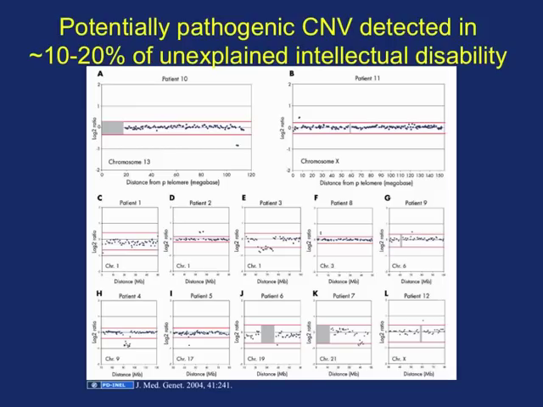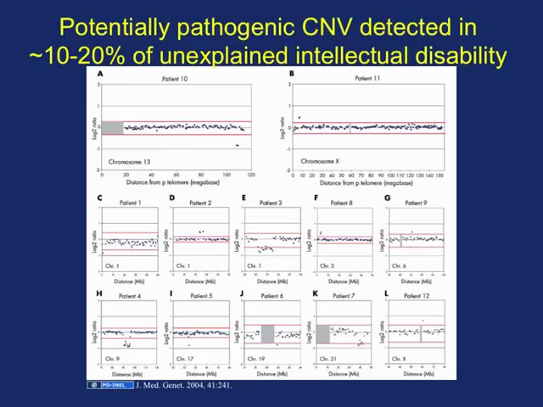And it turns out, if you take kids who come into the pediatric genetics clinic with some kind of profound intellectual disability that's unexplained by any other diagnosis, you will find a major copy number variation like this in 10 to 20% of them. Are they causative? We don't always know. There have been a few now that have been seen repeatedly in children with severe disabilities and never in normals that we're pretty sure are causing the disease.